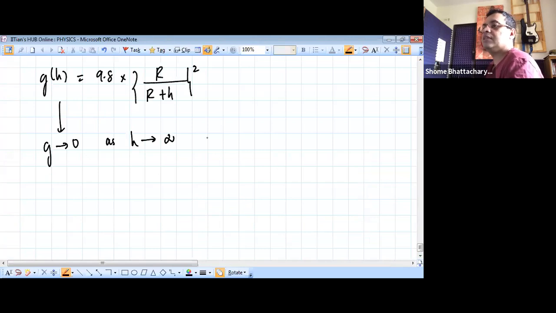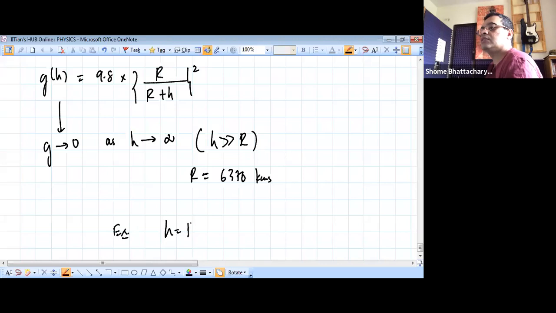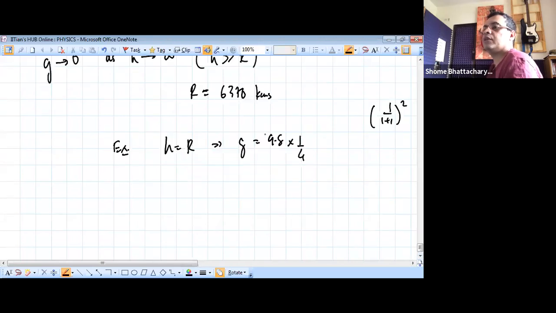Practically, what that means is that when the height is very large compared to the radius of the earth, given that the radius of the earth is about 6370 kilometers. For example, if we take the height equal to the radius, then g will become 9.8 into 1 by 4, because this factor will become 1 upon (1 plus 1) whole square, so that will become 1 by 4. So it will become 1/4 of the acceleration due to gravity on the surface.